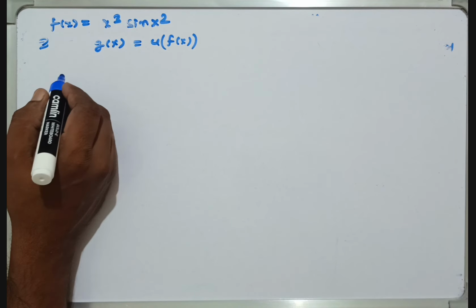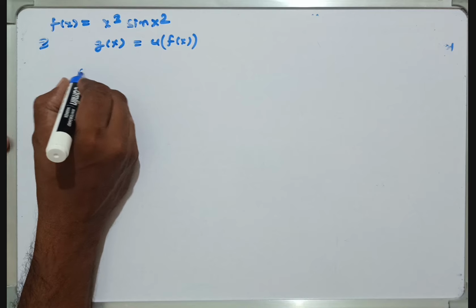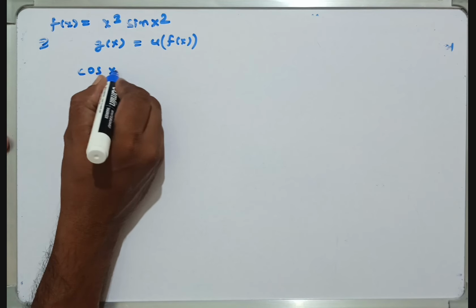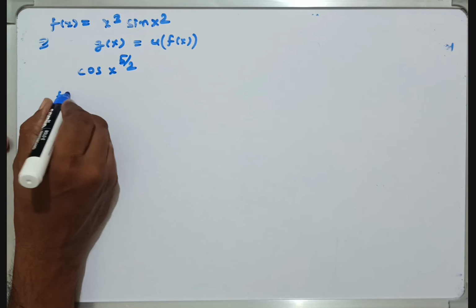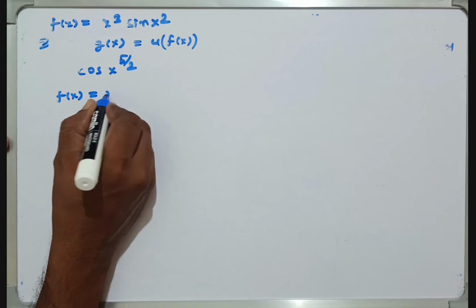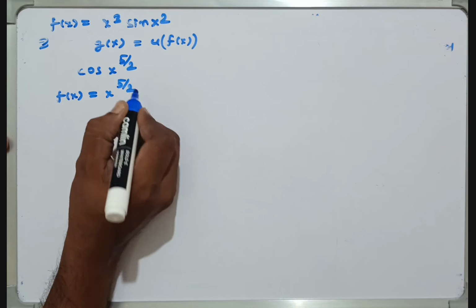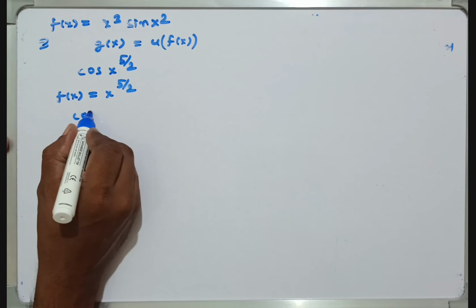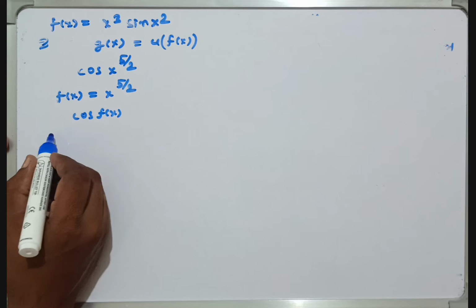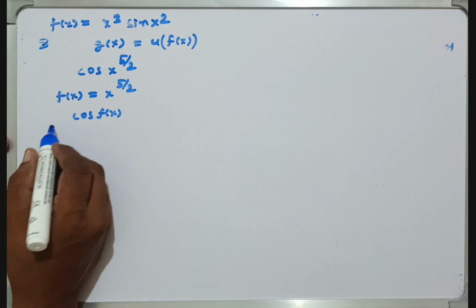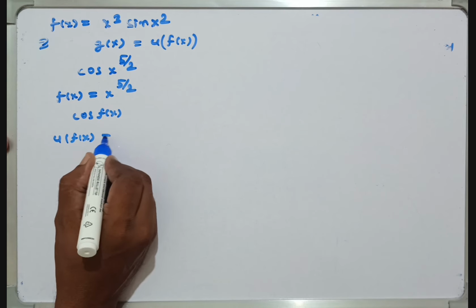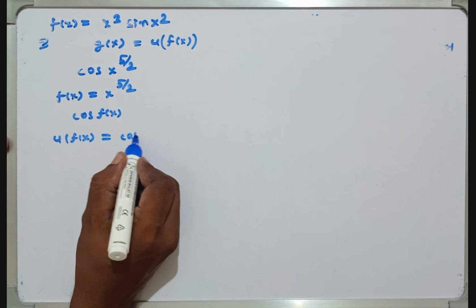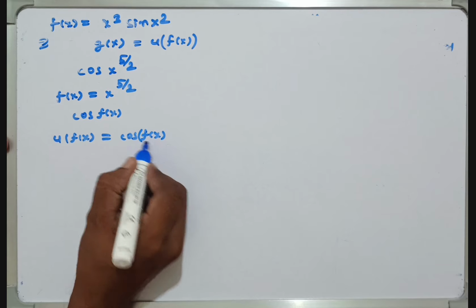Suppose one case here, cos of x to the power of 5 by 2, where f(x) guys can be written as x to the power of 5 by 2, then cos of f(x). Now guys, if we say this is also a function of this one, so it is also true.